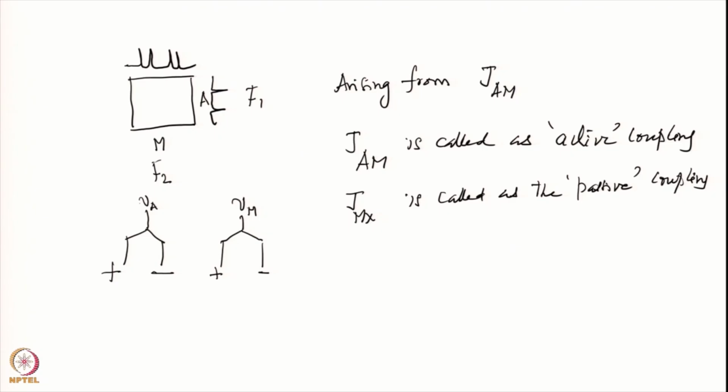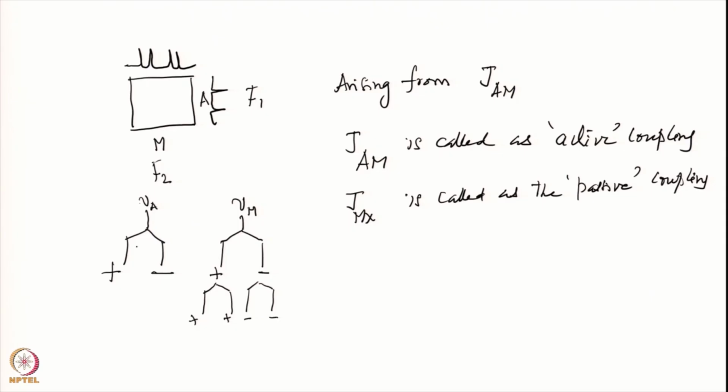Now what does the MX coupling do? Because this will be further split because of the MX coupling. Therefore this will be further split into 2. But now this will not produce plus and minuses, it will produce plus plus minus minus.